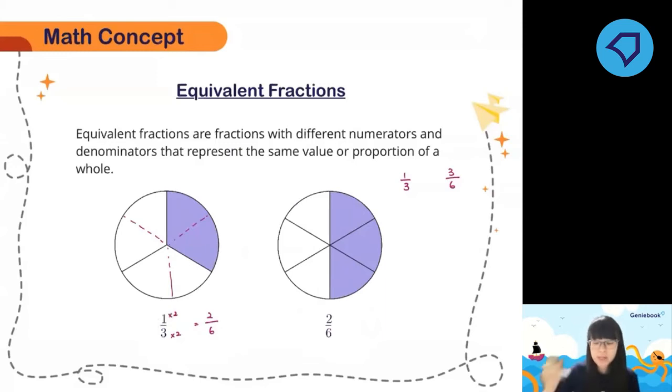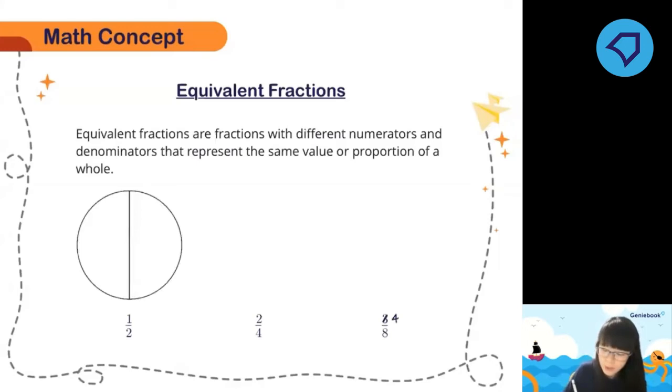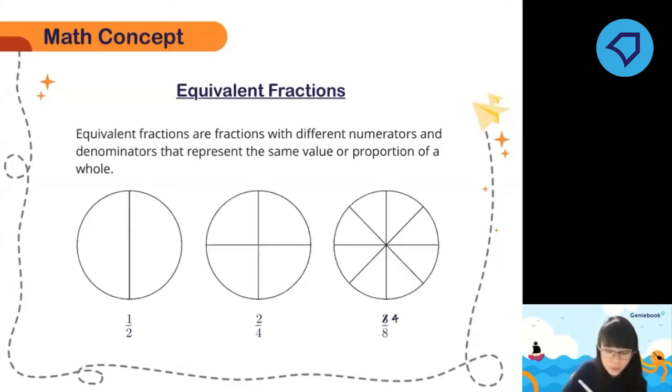So let's try one more. Okay, just to have a better understanding. So same thing over here. Let's compare half, 2/4, and 3/8. Sorry, not 3/8. Hold on, let me change this to 4/8. Okay, so let's compare our parts over here. We are going to shade them.